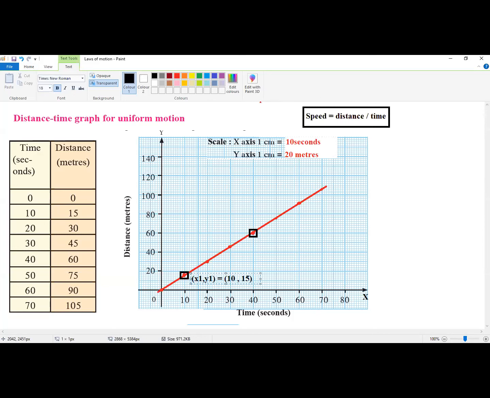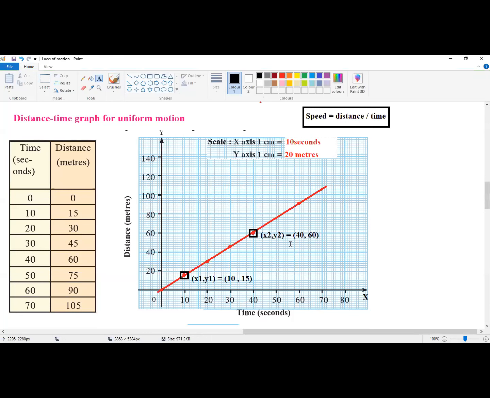These are the coordinates of our first point. Now what are the coordinates of the second point, x2, y2? 40 seconds, 60 meters. These are the coordinates of our second point.